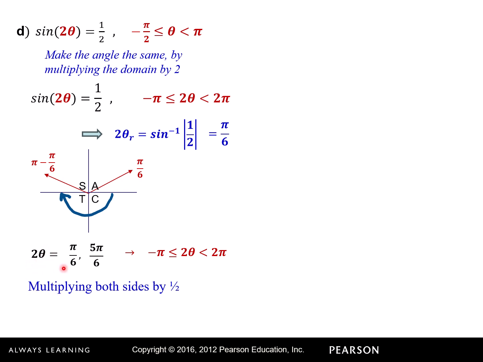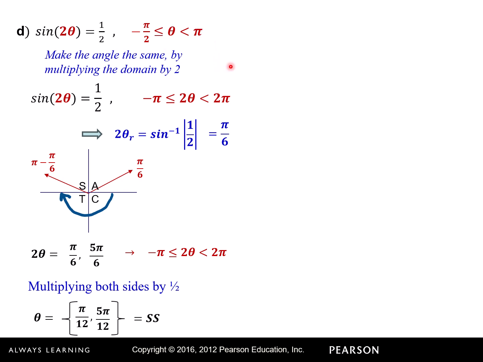Multiplying 2 theta by 1/2 will give us theta. And multiplying these two by 1/2 will give us pi over 12, and another one is 5 pi over 12. So we can verify that pi over 12 and 5 pi over 12 are from negative pi over 2 up to pi only. So this is the solution set for this equation.